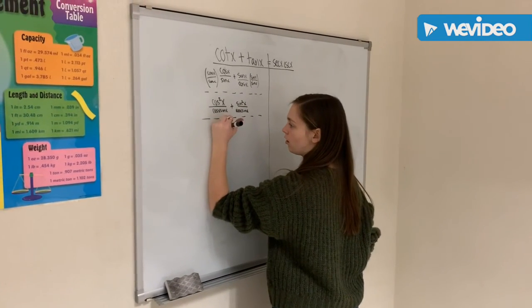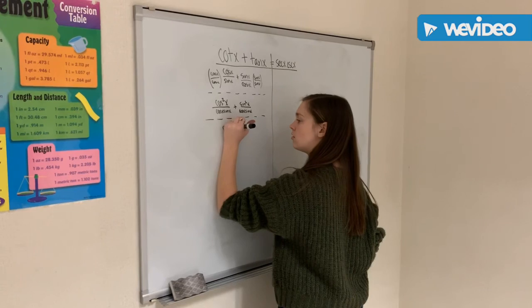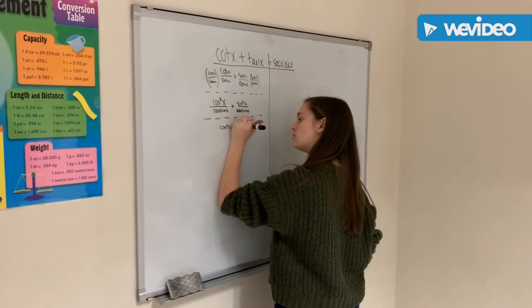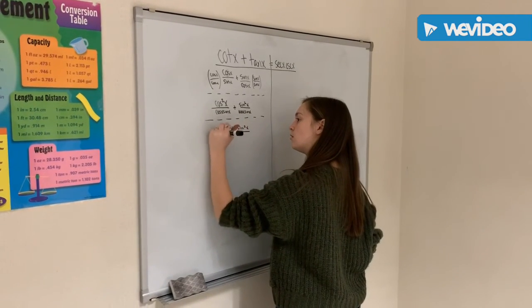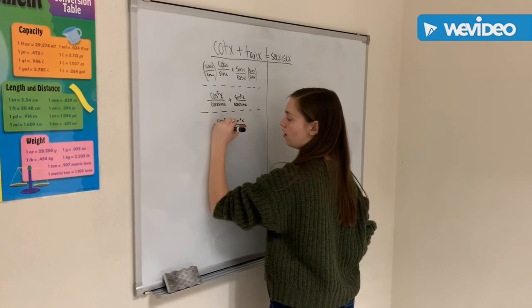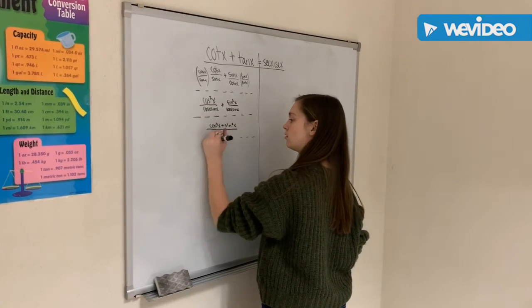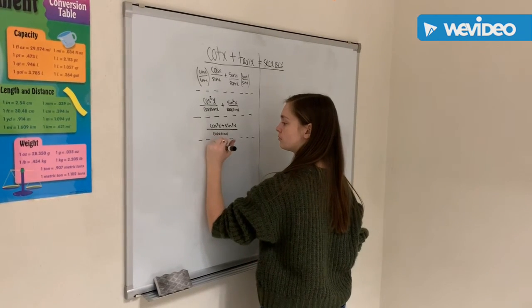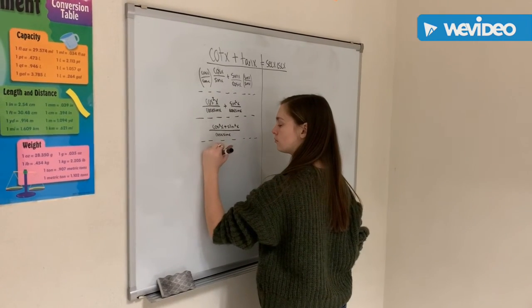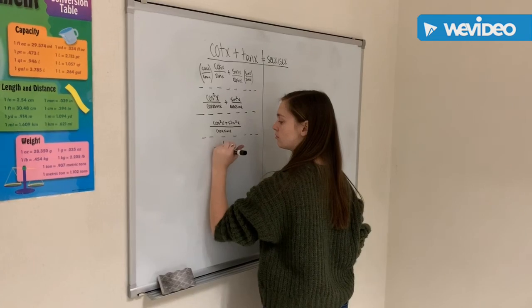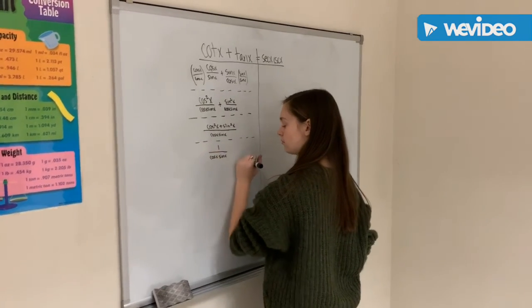When we combine these, this will give us cosine squared x plus sine squared x over sine x cosine x. And cosine squared x plus sine squared x equals 1. So 1 over sine x cosine x.